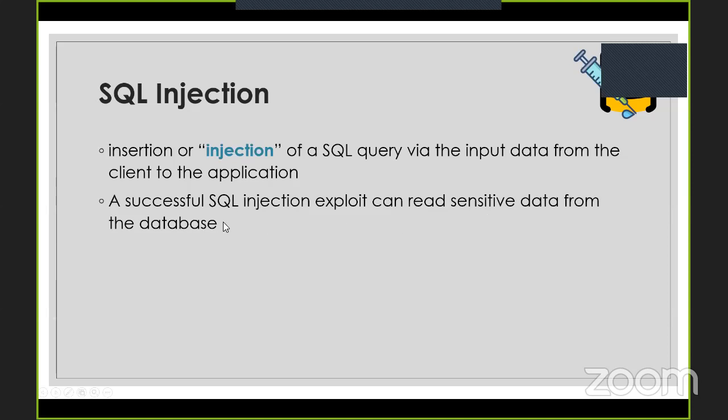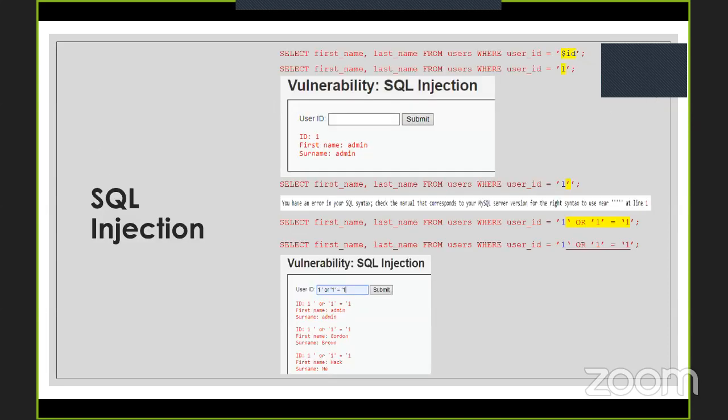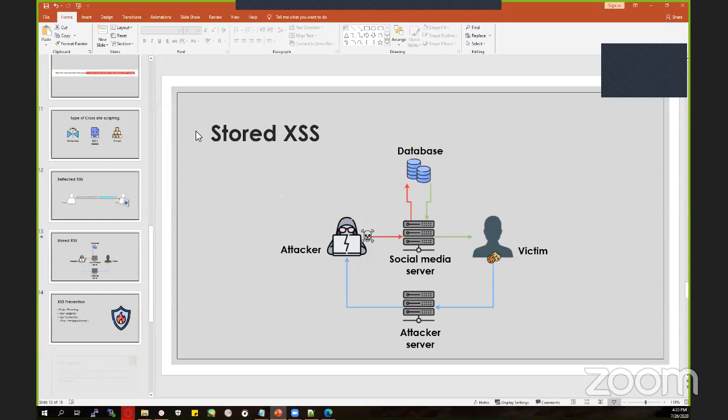Not just that, it can modify the database data, like insert, update, or delete data. It can also execute administration operations on the database, and it can also issue commands to the operating system. Okay, this is an example, but I'm going to show the demo.